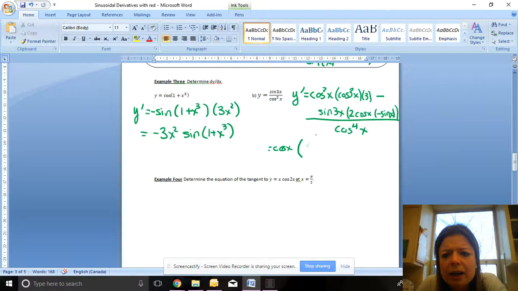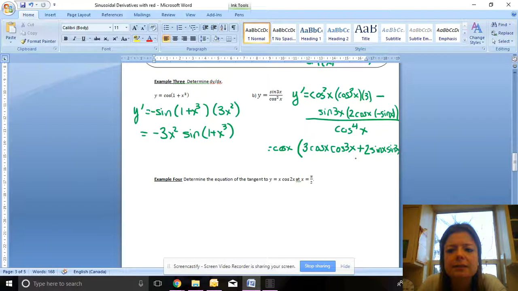So you still have a, I'm going to bring this 3 out here. So you have a 3 cos x, cos 3x minus, but then there's a minus here. So that becomes a plus sine 2, I'll bring the coefficient out front. I already factored out the cos x, so sine x sine 3x.